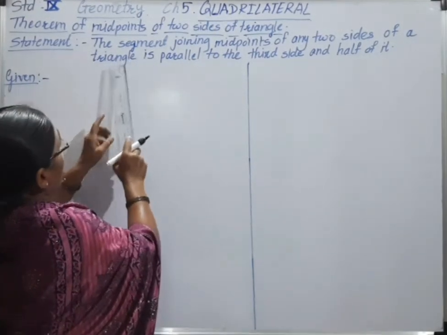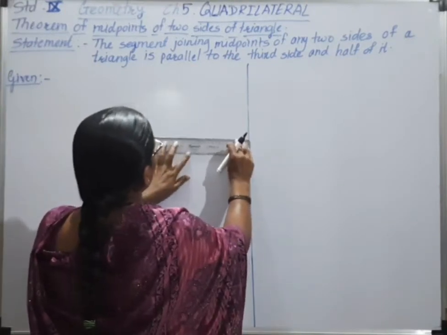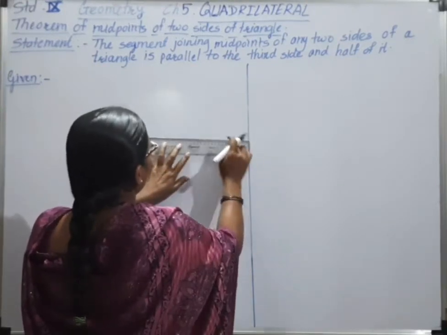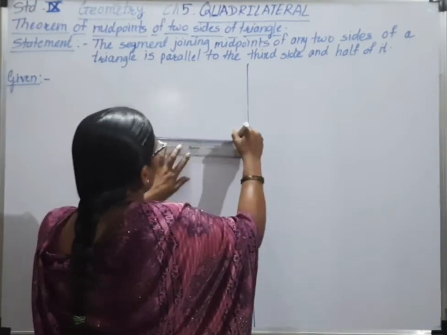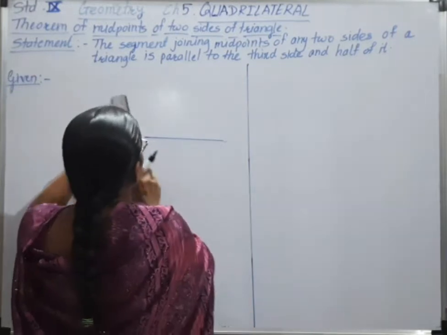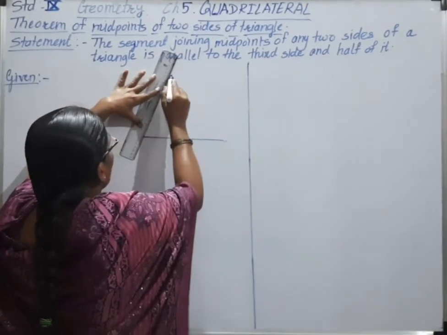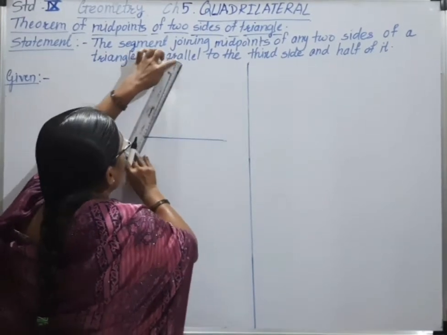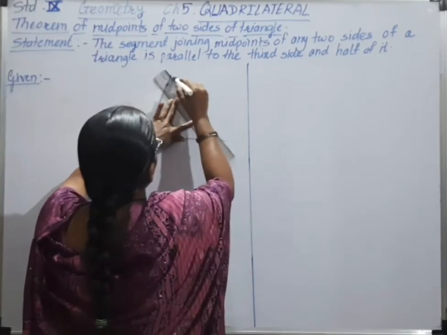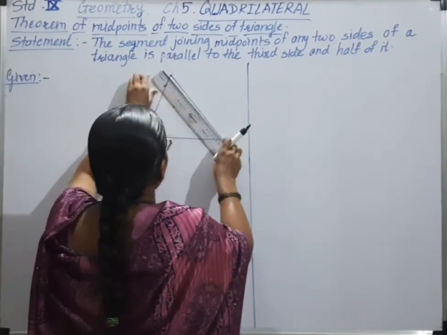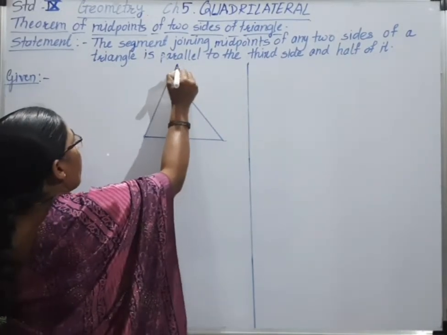So here, according to this statement only, first we have to draw the triangle. So see here, this is triangle ABC.